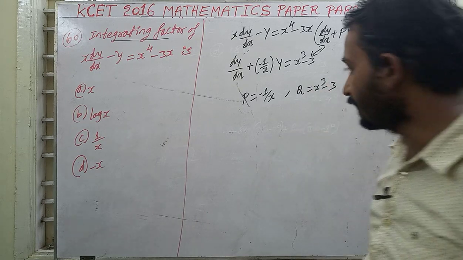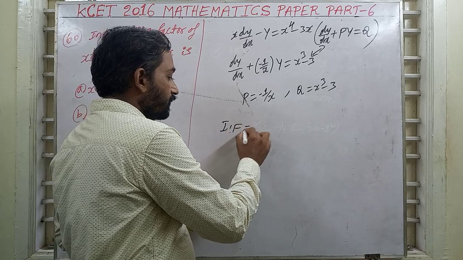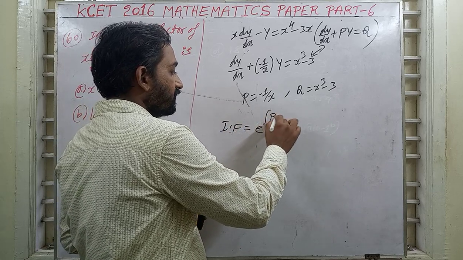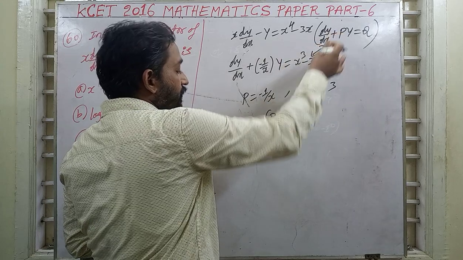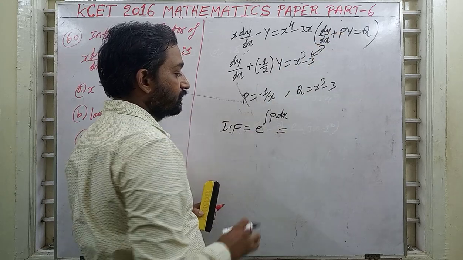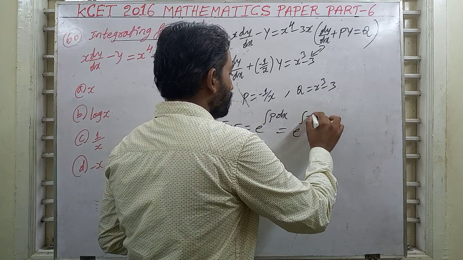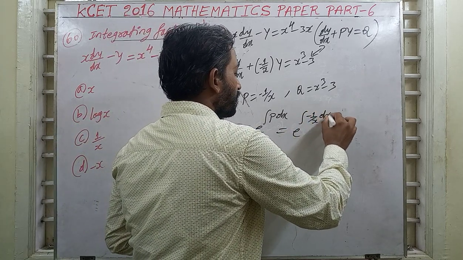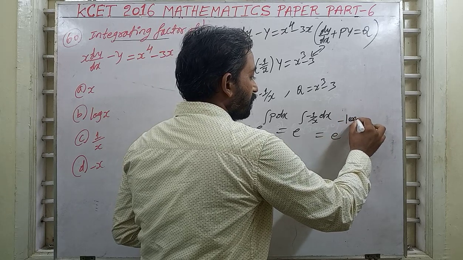So now we have to find out the integrating factor by using the formula. Integrating factor is equal to e to the power of integral of p with respect to x, that is e to the power of integration of p dx. So e to the power of integral of minus 1 by x dx. Now integrate, this becomes minus log of x.